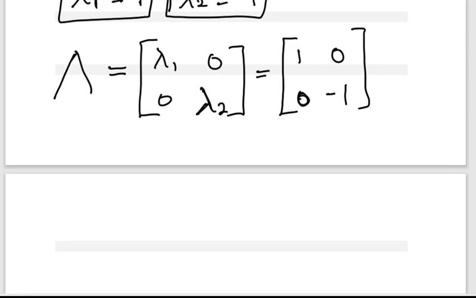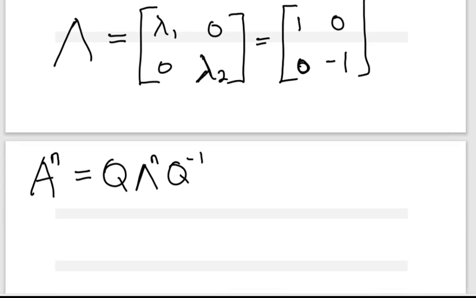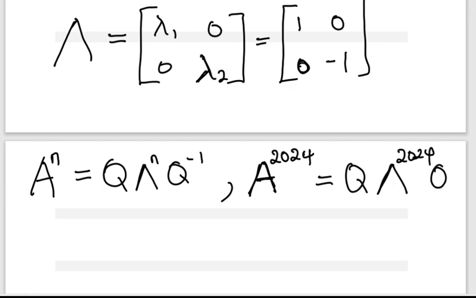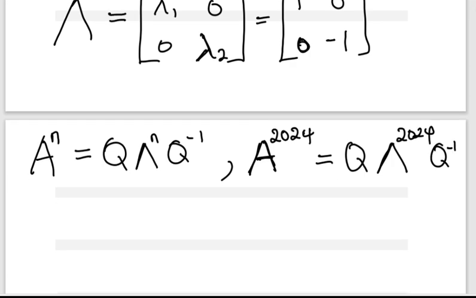So let's open up our problem. We know that for a square matrix, A to the power of n equals the eigenvector matrix Q times lambda to the power of n times Q inverse. So the problem we have is of the form A to the power of 2024, which will be Q lambda to the power of 2024 Q inverse. Before we find our eigenvectors, let us first find this and see if our problem is made easier.